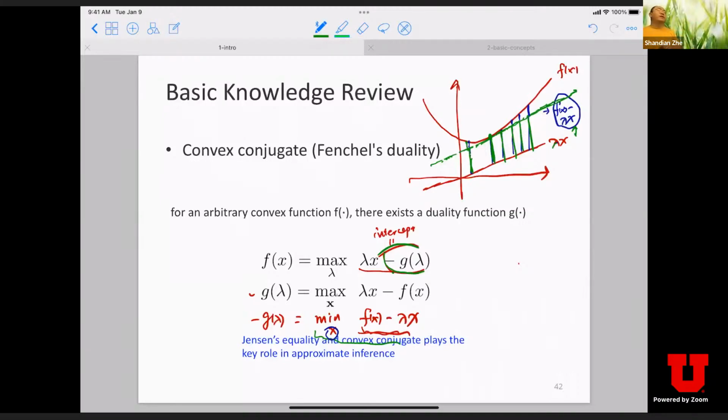That's why at other places, f of x subtracted by lambda x is bigger than here. Does it make sense?